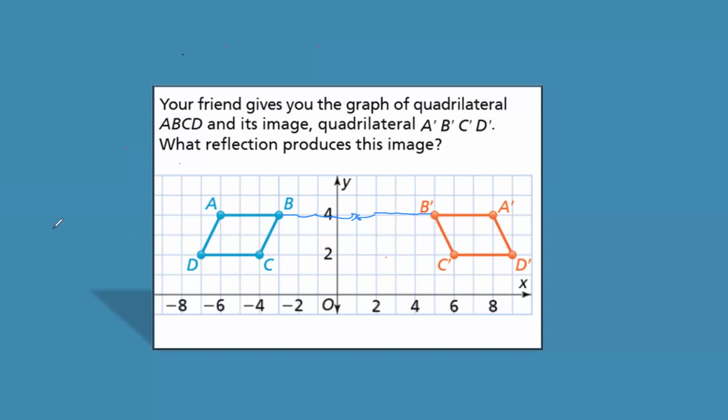So I will draw my line of reflection here. And if you count how many units between B and B prime, they equal 8 units: 1, 2, 3, 4, 5, 6, 7, 8.